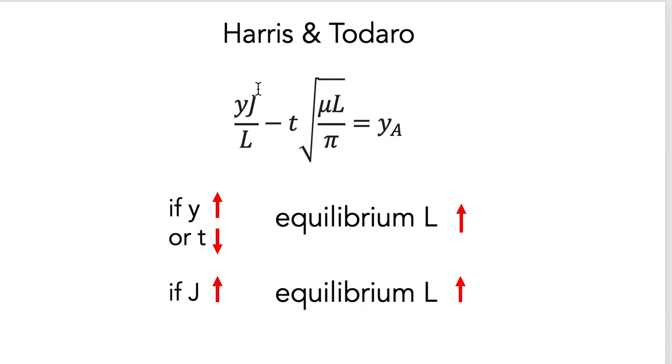If J, the wage that is paid, increases, then in equilibrium, the population will increase as well. And this is a very neat result because basically it's saying very intuitively, if you increase the wages in a given city, then people will come and migrate to the city. Very natural conclusion.